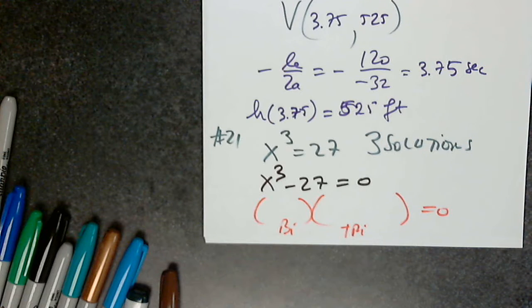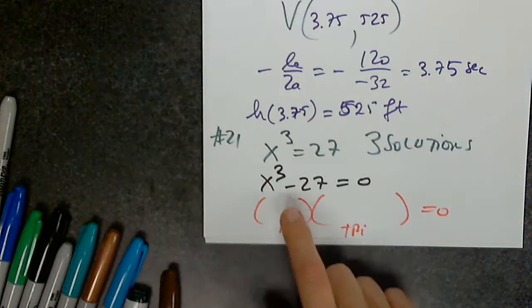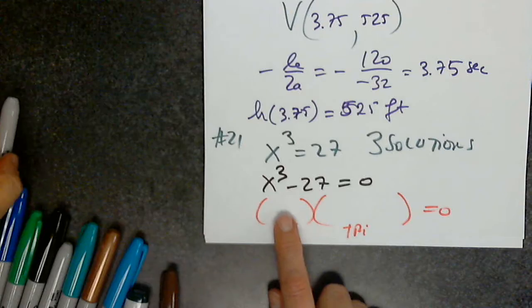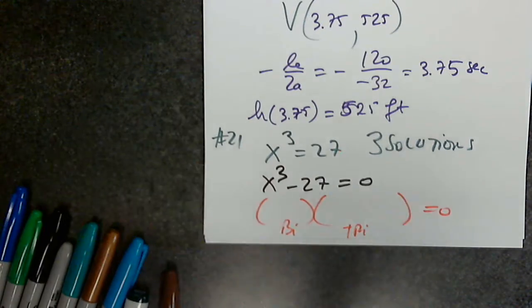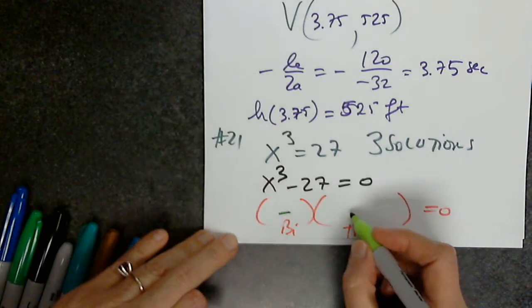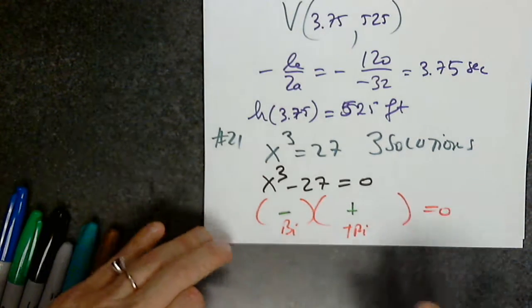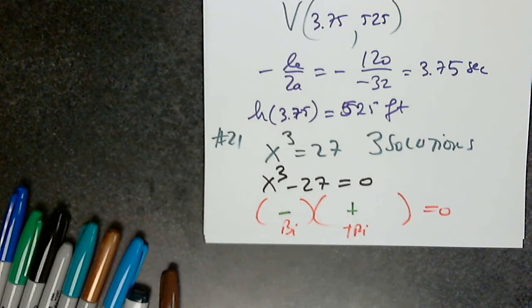It is safe to start with a sequence of signs, so we don't mess up the signs. So if this is the difference, what do we have in the binomial? Minus. What do we have in the middle of the trinomial? Plus. The last one, we don't even discuss it. It's always positive.